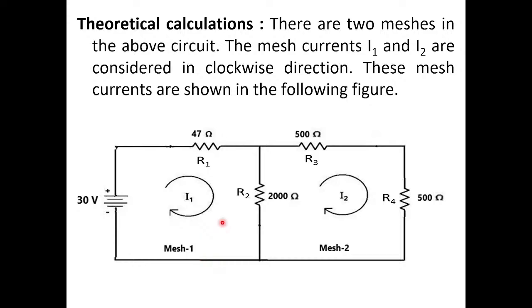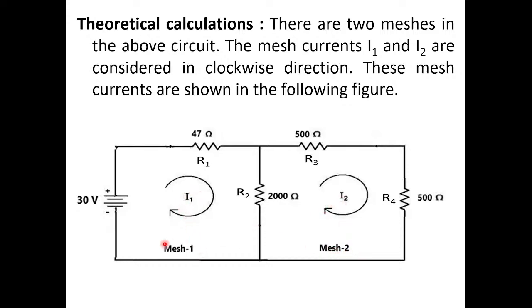You call it mesh 1. This is another closed path, call it mesh 2. In general, we can say this is one closed loop and this is another closed loop, so mesh 1 and mesh 2 are two closed loops here. Assume some current I1 in mesh 1 and current I2 in mesh 2.